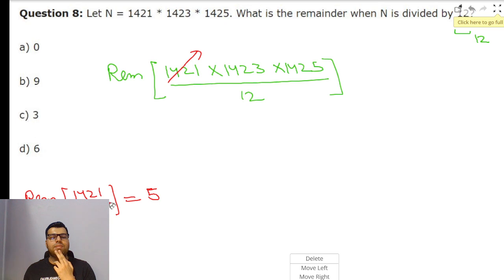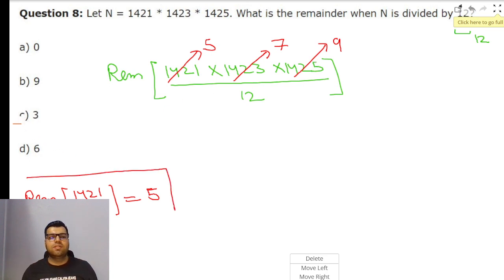You can check this simply by dividing 1421 by 12. Here 2 has been added, so the remainder of 1423 with 12 will definitely be 7. Two ahead again, and this will definitely be 9. Simple maths. Now you can replace each of the values with the corresponding remainders. This is the concept that we have already discussed.